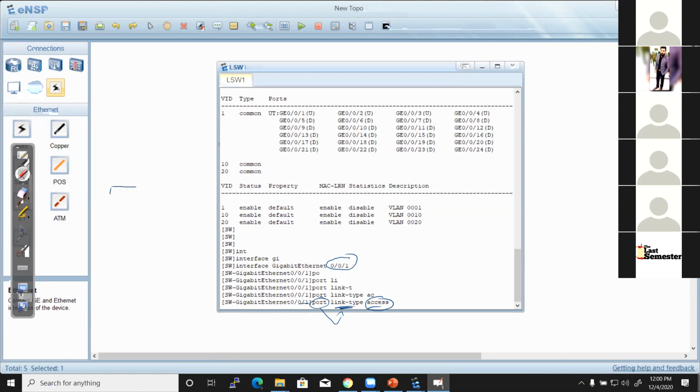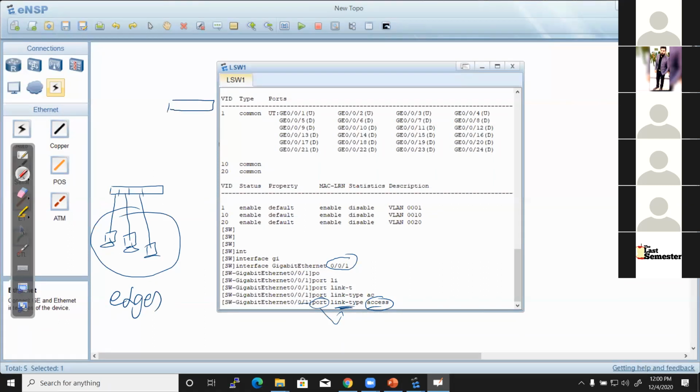Why am I saying access? All the devices which we call end users are the edges of the network, where our network terminates. And all the rest of the devices, for example a connection between two switches, is called a non-edge, because in between this link there are two devices and further there are multiple devices.